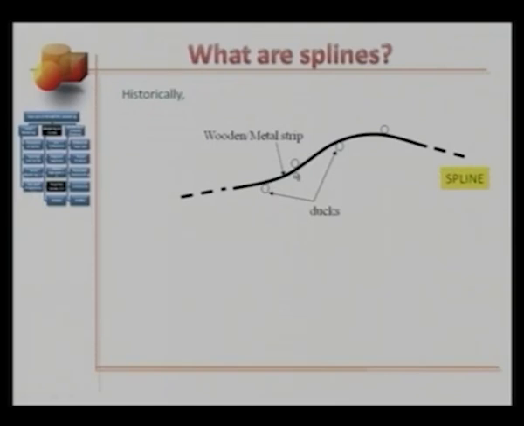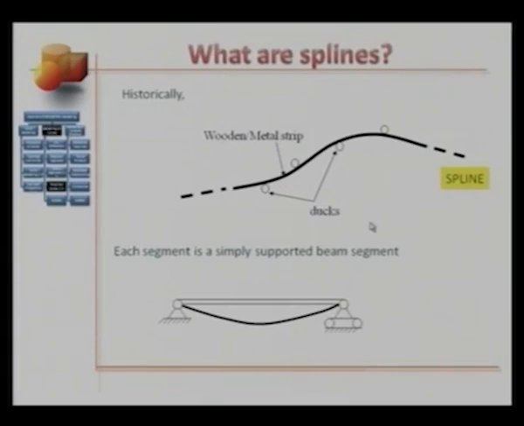If you look at these individual segments, each segment is a simply supported beam. You might want to revisit the discussions in your second year solid mechanics course or strength of materials course. Each beam, therefore, will appear like this, simply supported at both ends. Let's try to analyze the structure using Euler-Bernoulli beam theory that assumes small deformation.